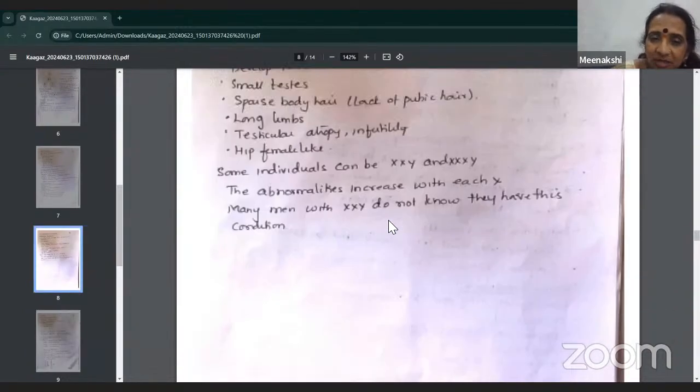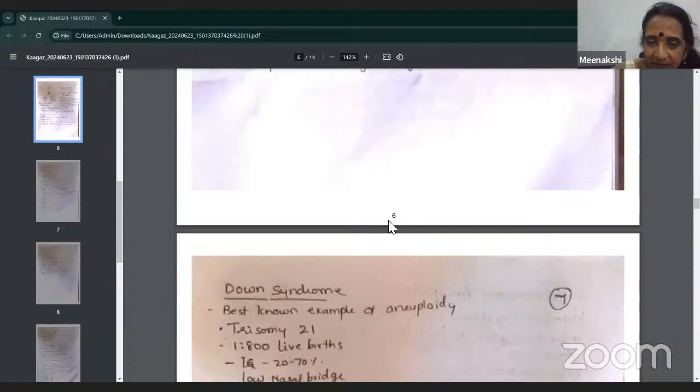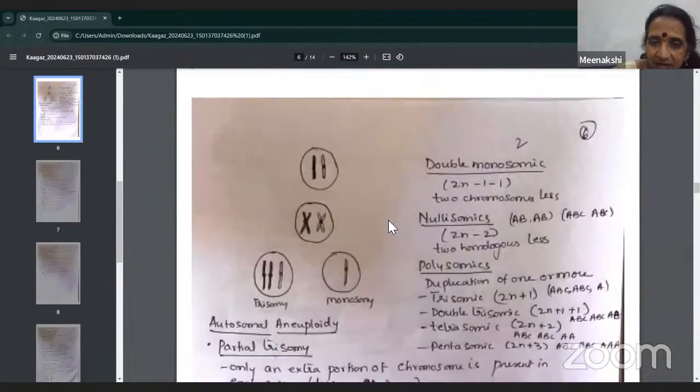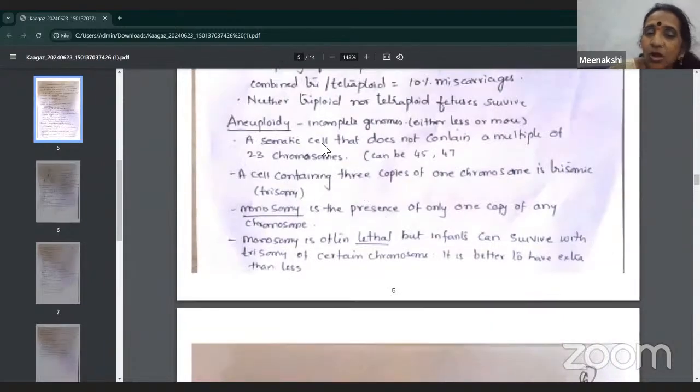Then, coming to the next one, aneuploidy. Aneuploidy is an incomplete genome, wherein you have either fewer or more chromosomes. A somatic cell does not contain a multiple of 23 chromosomes; only one or two chromosomes will be more, or it can be less.